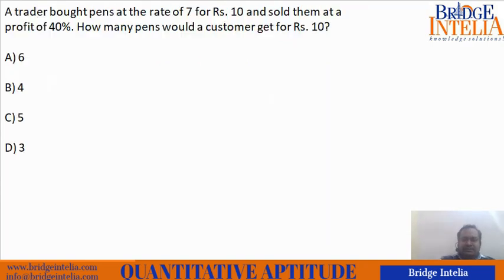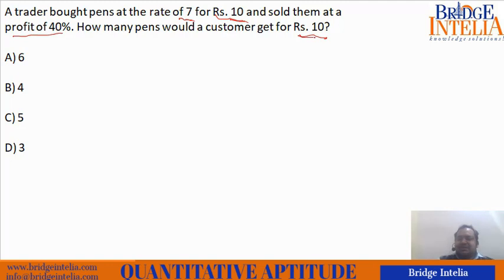Let's see the next one. A trader bought pens at a rate of 7 for rupees 10 and sold them at a profit of 40%. So how many pens would a customer get for rupees 10? So his investment is rupees 10.